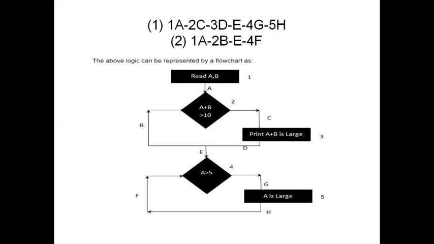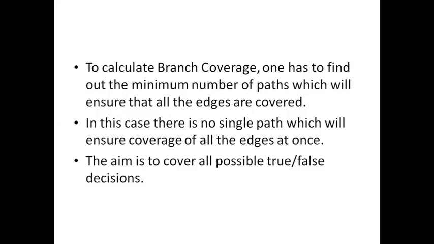This type of question can be asked in an interview, or in an online QA assessment, like a quiz with multiple choice questions. What is the branch coverage for this program? You have to draw it this way, and cover the minimum number of paths which ensure that all the edges are covered.